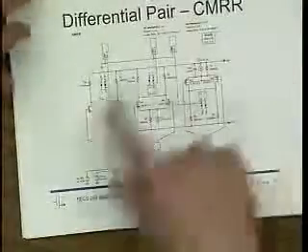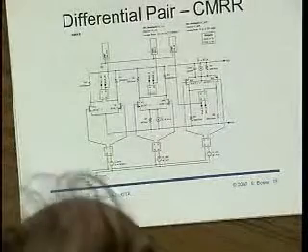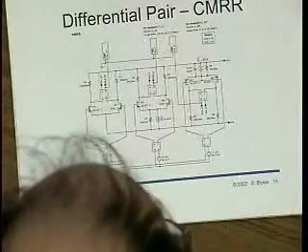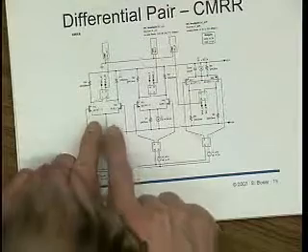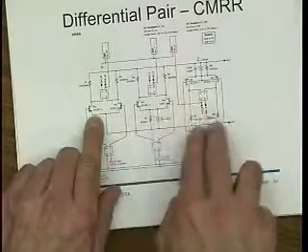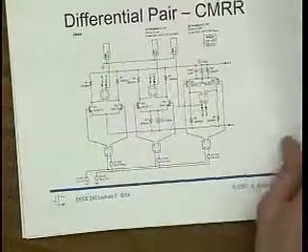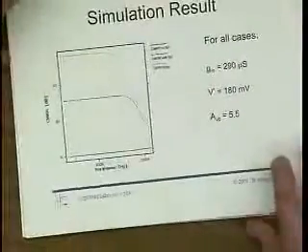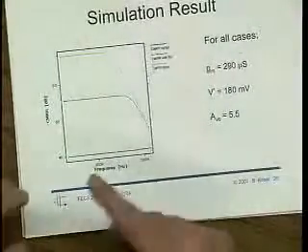Okay, so here is this busy slide. Here I just plugged all of this stuff in, and I purposely introduced the mismatch just on the transistors here. So you see the three configurations here, and then a plot of the common mode rejection ratio. You can go and calculate this.